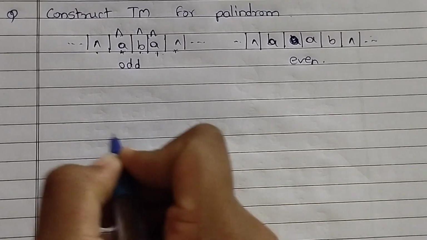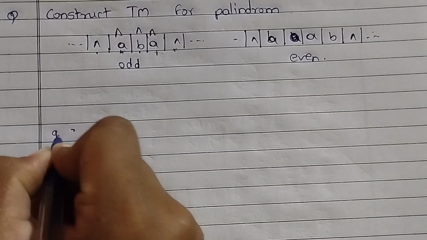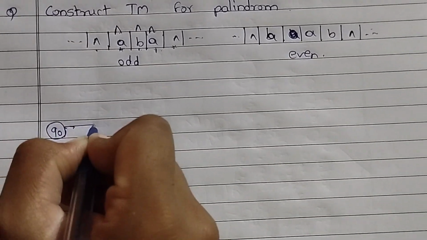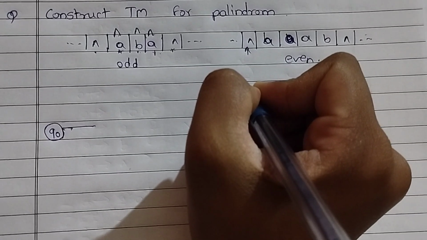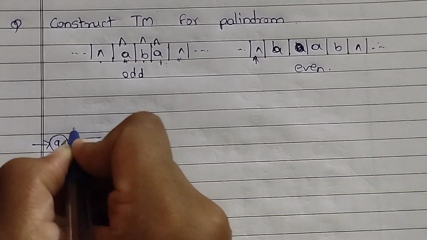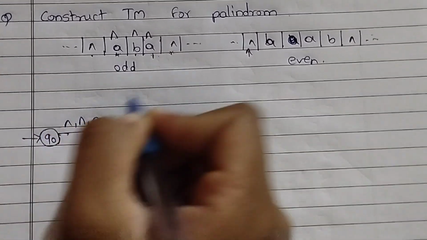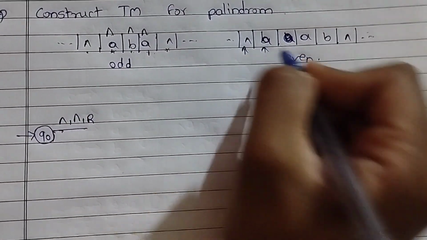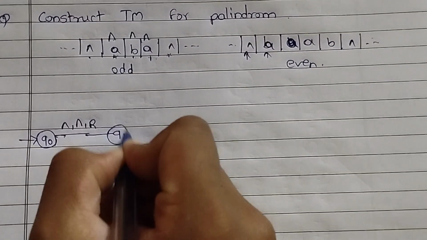At the initial state Q naught, first we read the null value. We read null, then keep null as it is and move to the right. We move to the first symbol here, so now we are in the Q1 state.